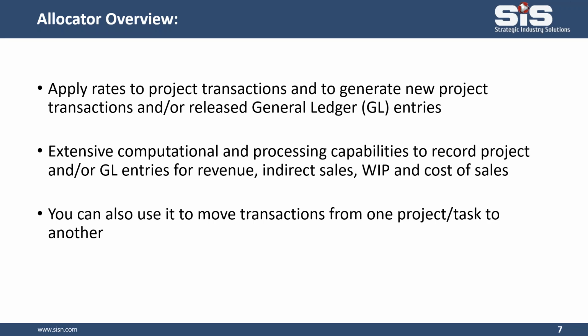The rates involved could be based upon units such as hours, or in materials you might have a unit such as tonnage, and you can apply it based upon a standard rate, or you can apply a percentage off of the total transactional amount. For example, you're going to take a cost of $1,000 and you're going to mark it up 20%. You don't have to use a bill rate like you would for labor.